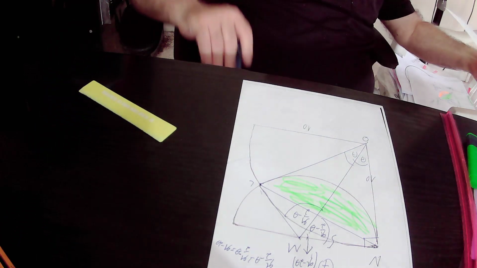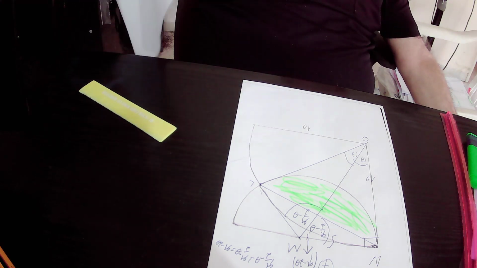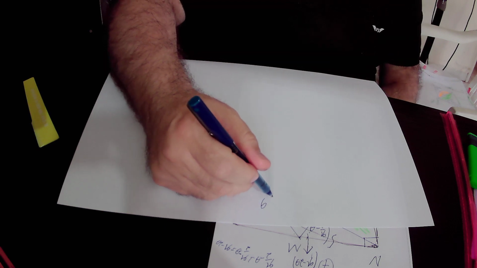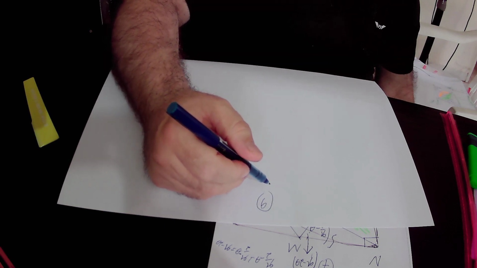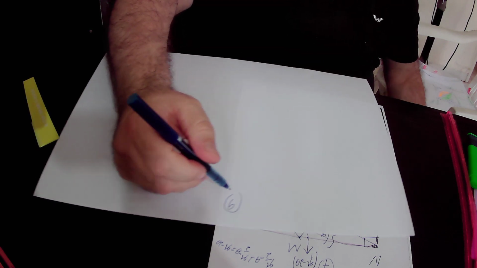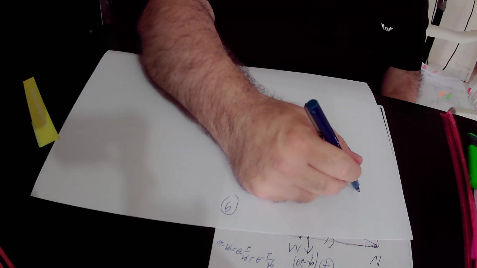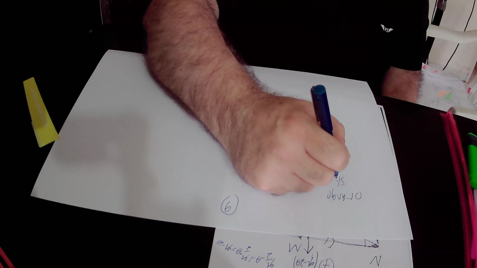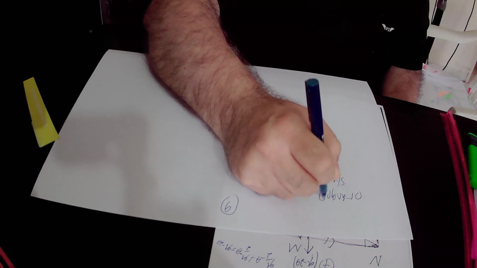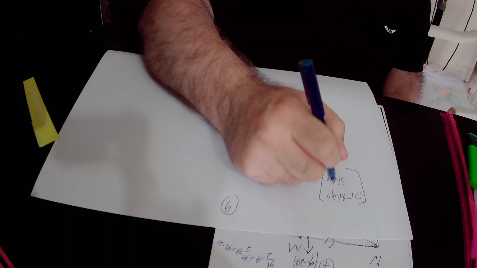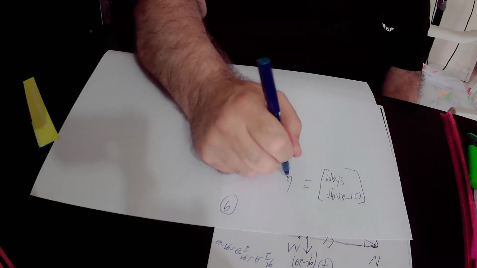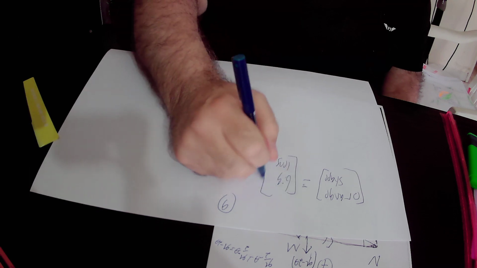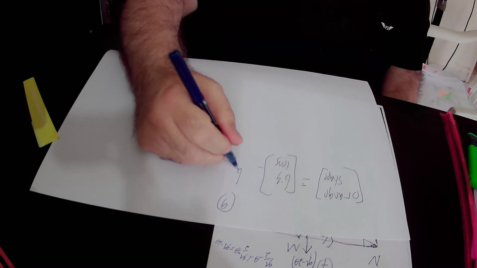I repeat again that the area of the big lens minus the area of the blue lens will give us the area of the orange shape. The area of the orange shape equals the area of the big lens minus the area of the blue lens.